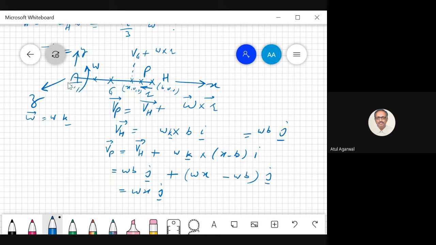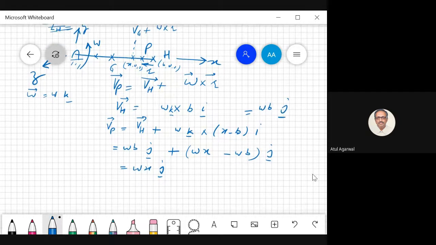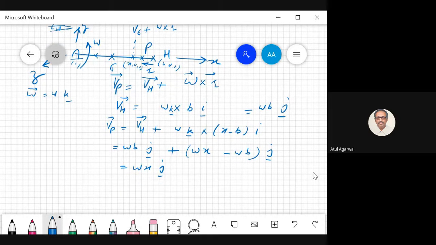Velocity of P, because this distance is x. So this is what you have got. So what is L? Angular momentum with respect to point H. So it is r cross velocity of point P.